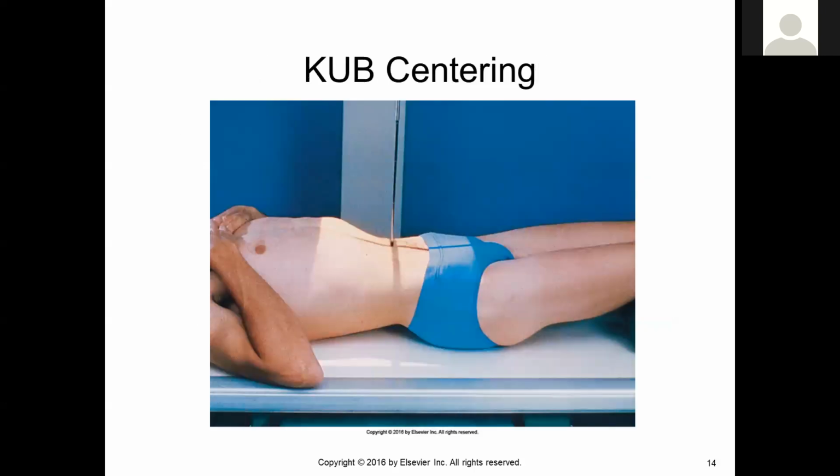Here's an example of centering for a KUB. The pointer there indicating the central ray entering the mid-sagittal plane, fairly close to the belly button, but don't rely on the belly button. On the larger patient, it's not going to be in line with the iliac crest.